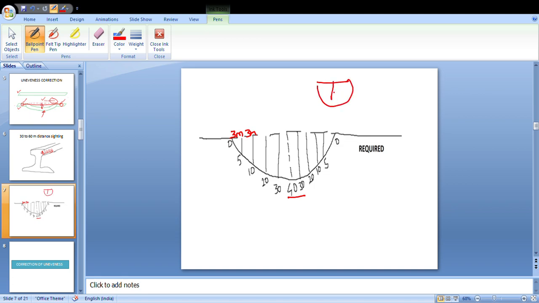So after 3 meters you got 5 mm, again after 3 meters you got 10 mm, like that. Suppose 40 mm is the highest. During measurement you will get the highest value, and also at every 3 meters the unevenness.